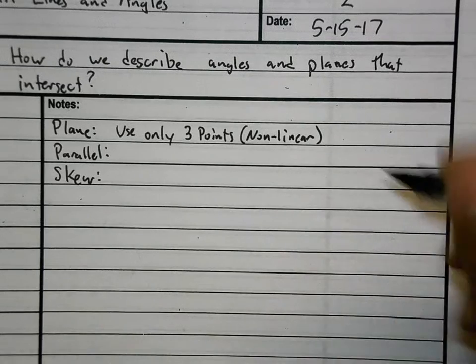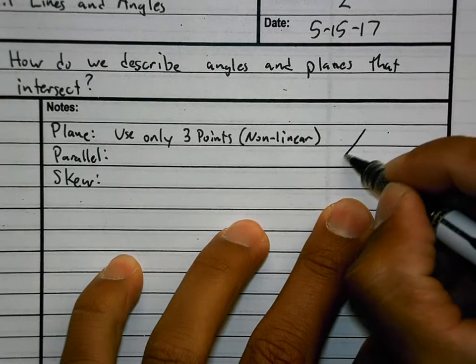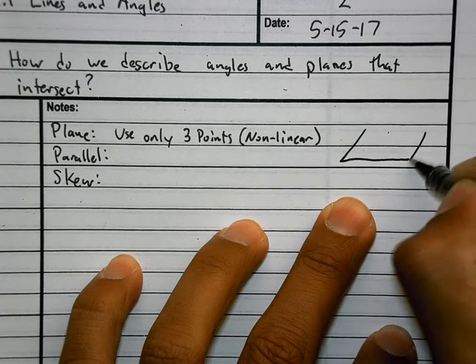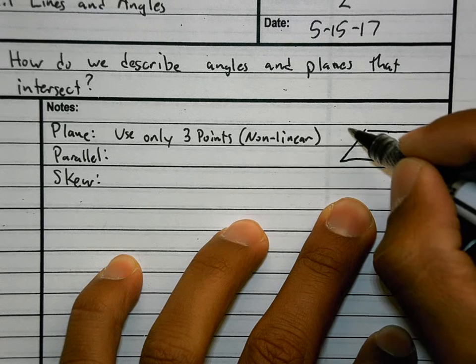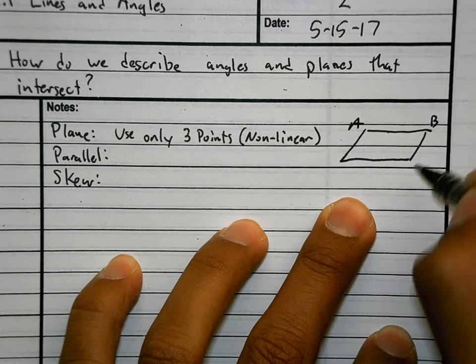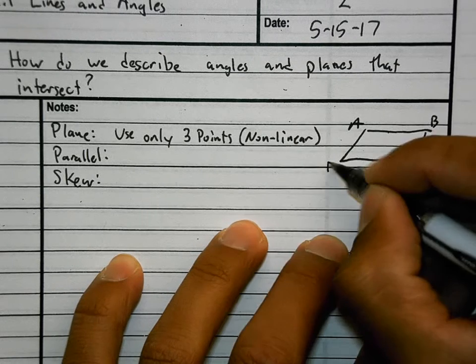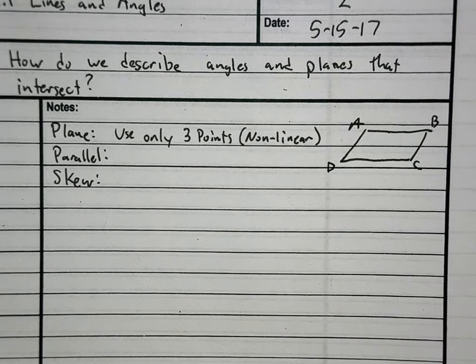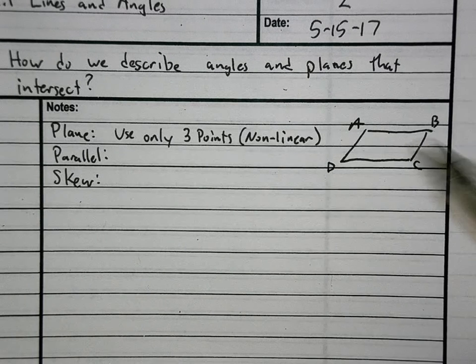Even if I have a plane that looks like this, with A, B, C, and D, this plane has four letters on it.